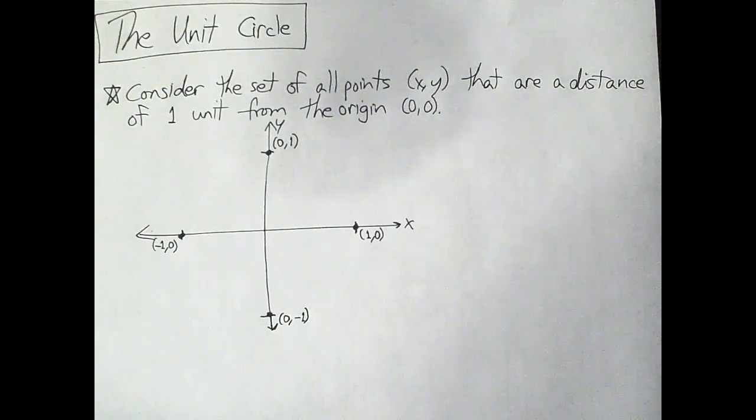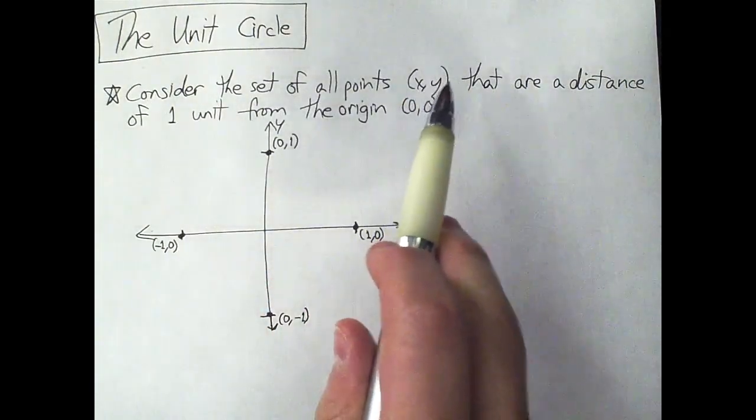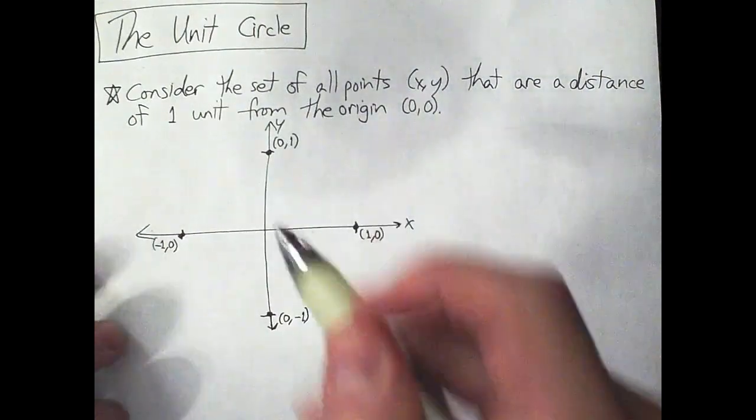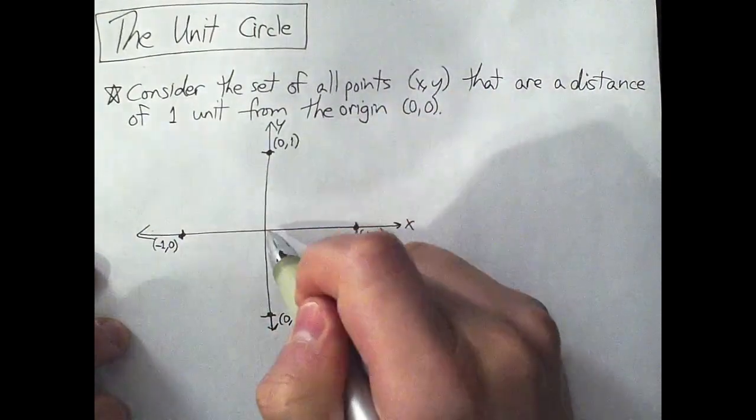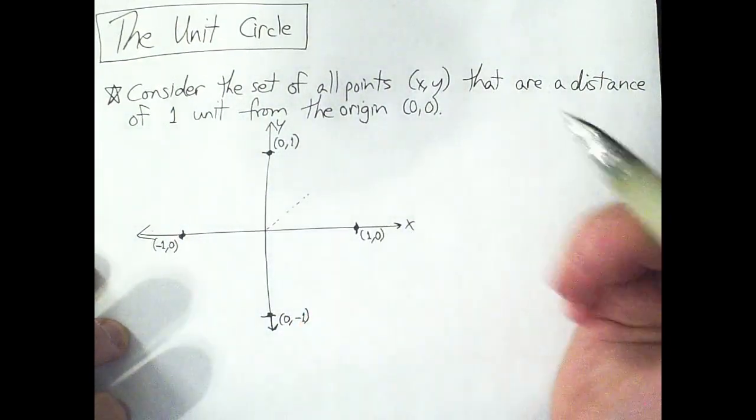Now, there are also other points, right? Because we could go in a diagonal direction, a distance of 1 unit. And above, it's asking us to consider all points (x, y) that are 1 away from the origin. So for example, how about I do this? Let's say I go in this direction.